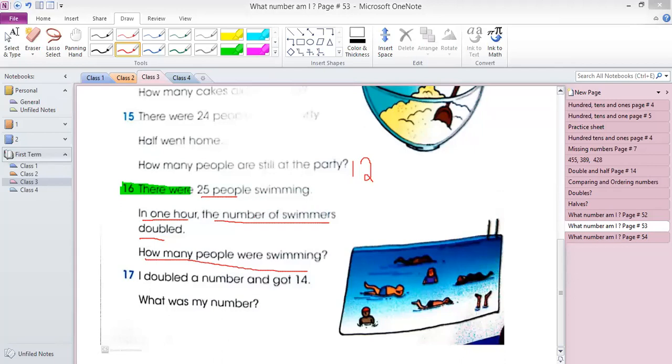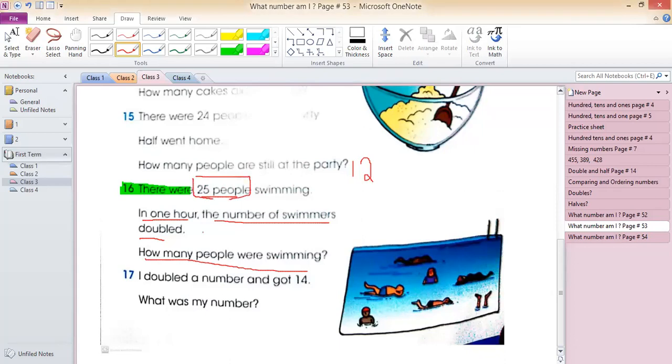Yes. 7. Why 7? Why 7? There are 25 people swimming in 1 hour. Then the number of swimmers doubled. So there were already 25 people swimming, but in 1 hour they are doubled now.